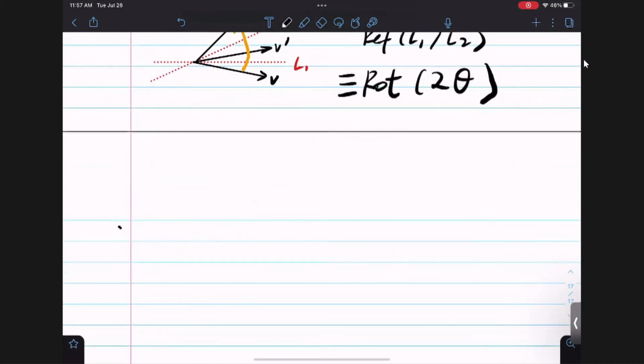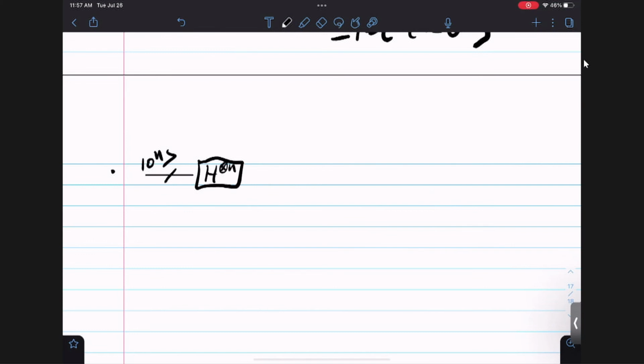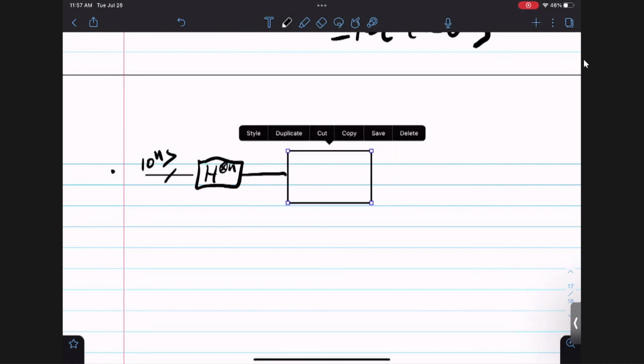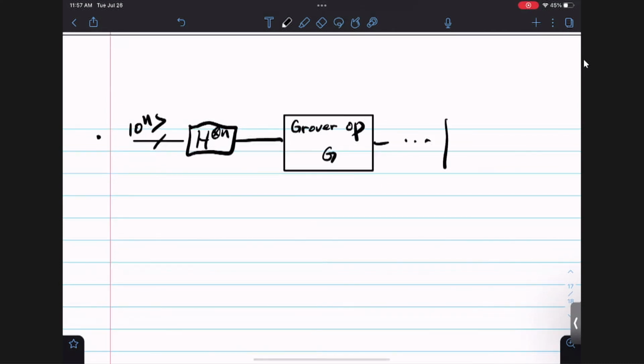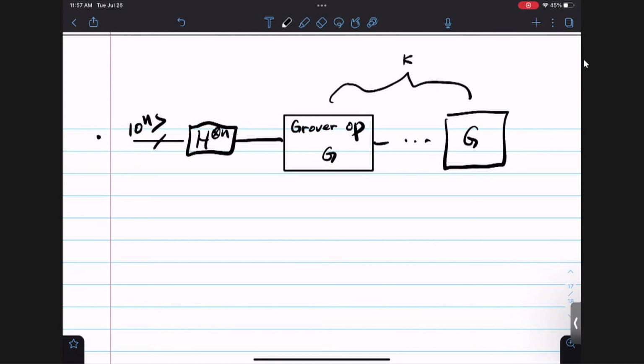Let me introduce Grover's algorithm in this quantum circuit. We initialize 0 to the n, apply Hadamard, and then we're going to iterate on the operator, which I call Grover's operator, denoted by G. We're going to repeat this a bunch of times, and we'll figure out this number in just a moment.